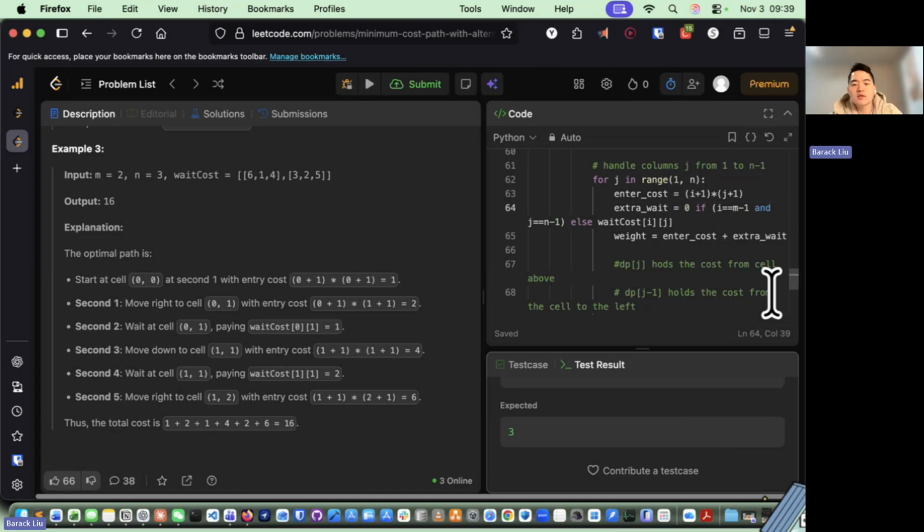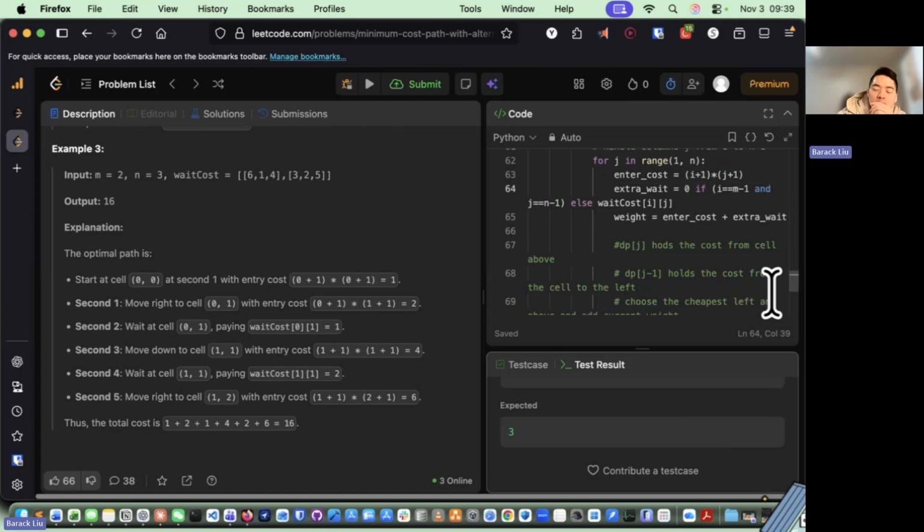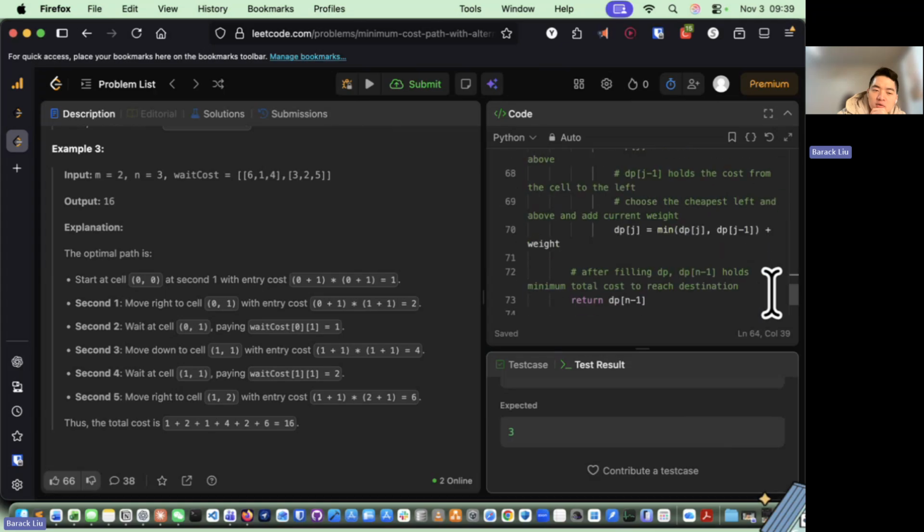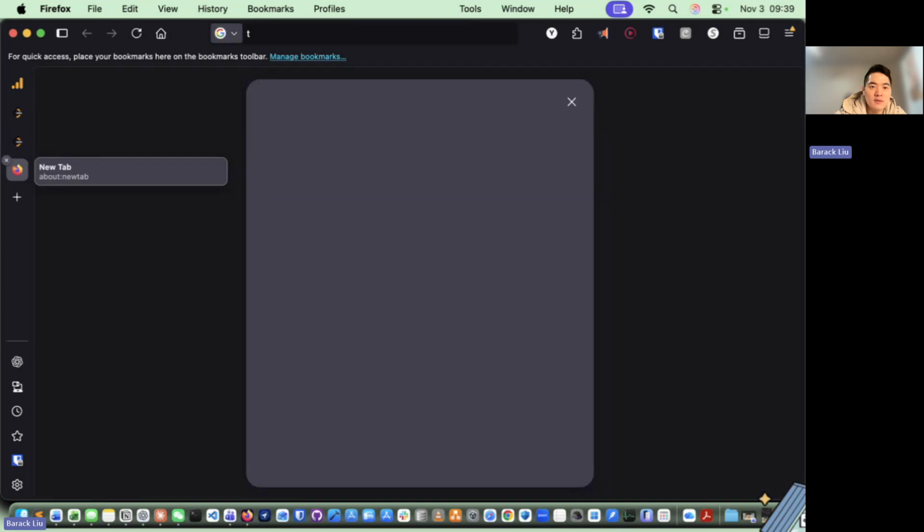I'm thinking whether I have some wrong indentation again. How to say that?